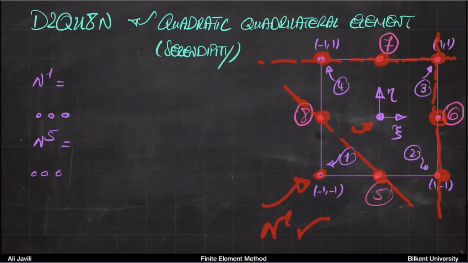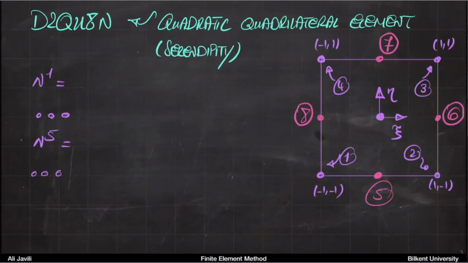Okay? So if you do that, your N1 would look like minus 1/4, 1 minus xi, 1 minus eta times 1 plus xi plus eta.